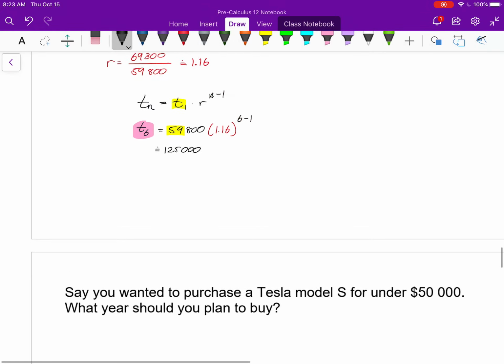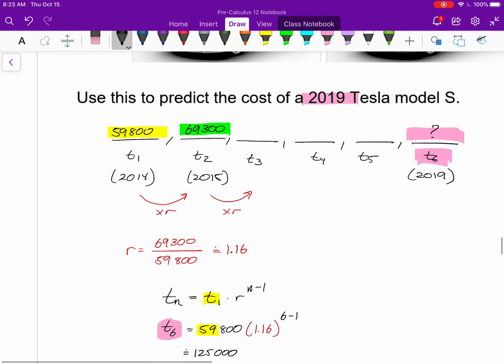For this, I would recommend going back to my equation here and realizing that as I go this way in time to newer cars, roughly every year the car gets 1.16 times more valuable. So I want to go backwards. Clearly, if I have $50,000, I have to get an older model than a 2014 according to this.